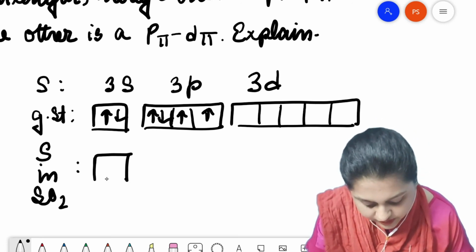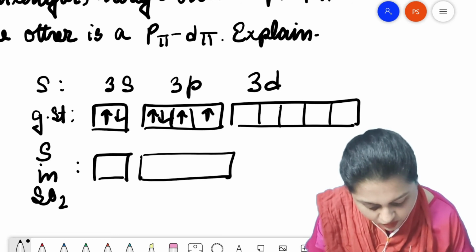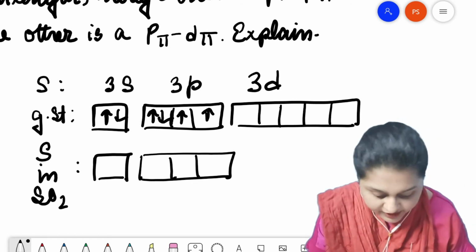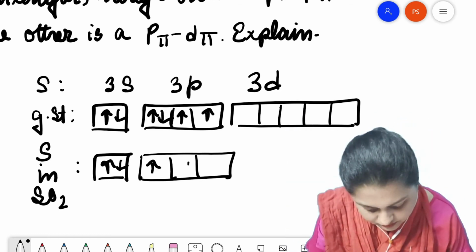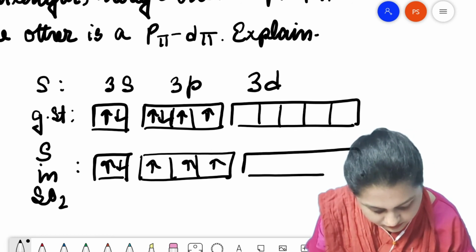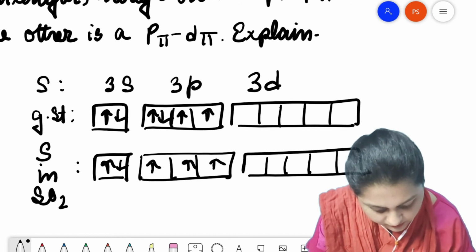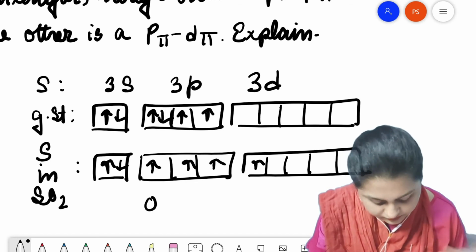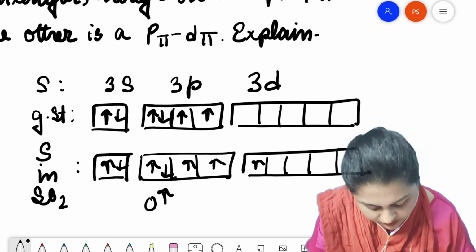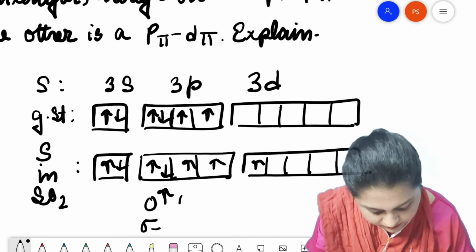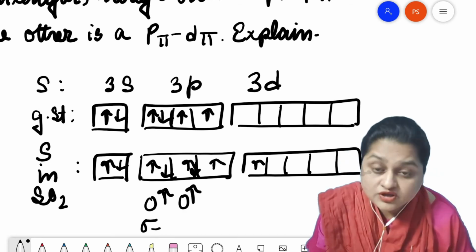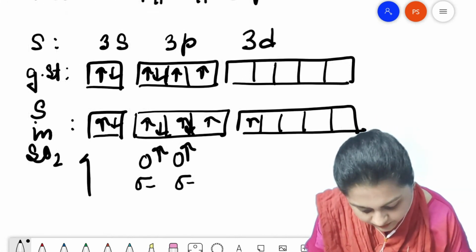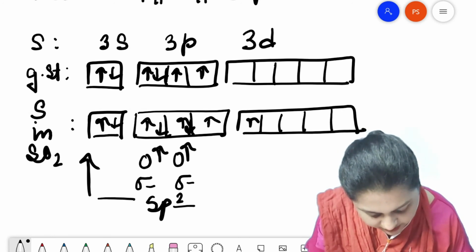That's why sulfur will transfer 1 electron, a paired electron in the 3p, to the 3d orbital, and thus create two sigma bonds by the sharing of electrons with the 2 oxygen atoms, and thus will form sp2 hybridization.